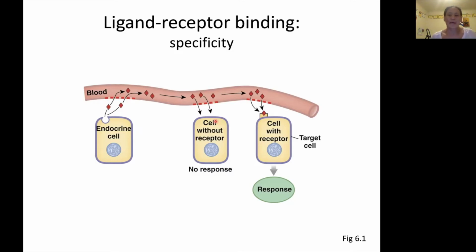You can think of this like Twitter. If you're following a certain person on Twitter, you're going to be the target cell, and you're going to get that message that has been sent by that person you're following. If you're not following anyone, you won't even know that that person has sent out a tweet.